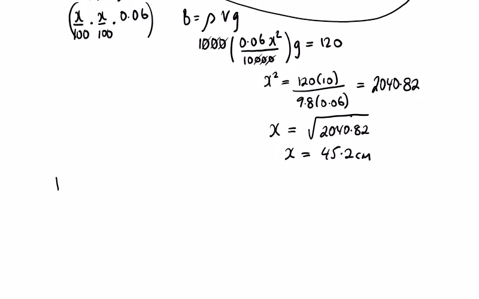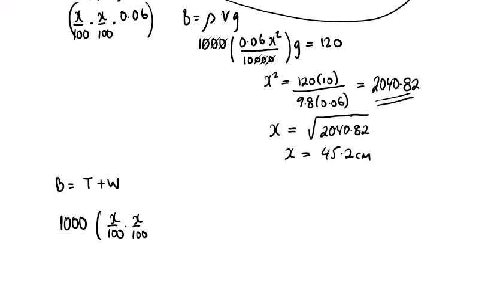So we're saying that the buoyancy is equal to the tension plus the weight, which we know is 120. So the change in buoyancy is going to be 1000 by that X over 100, and we know X now at this point, and we know X squared. We have X squared up here, don't we?